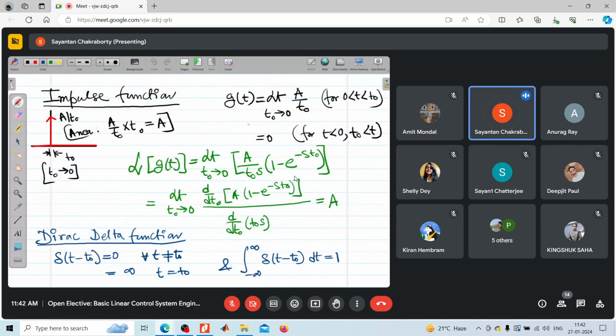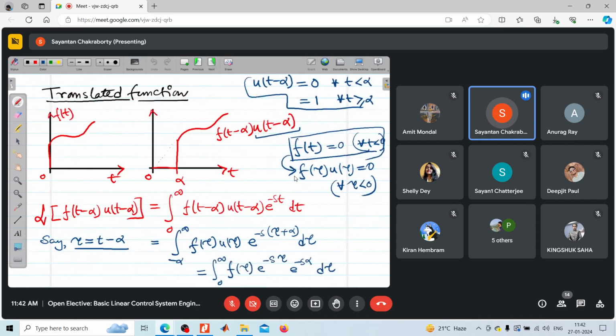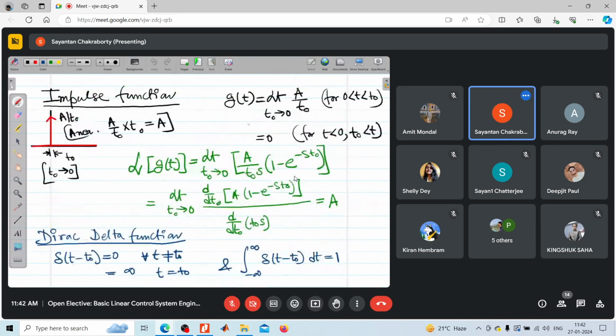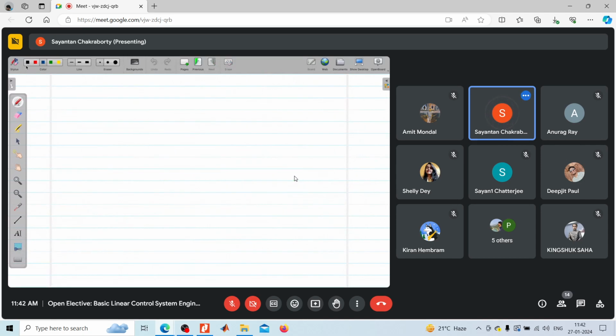Now, just like translation, there is another very important scenario that you normally face, that is multiplication of f by e to the power minus at.